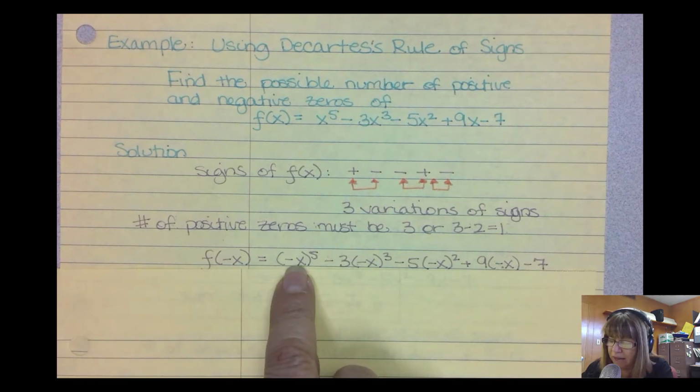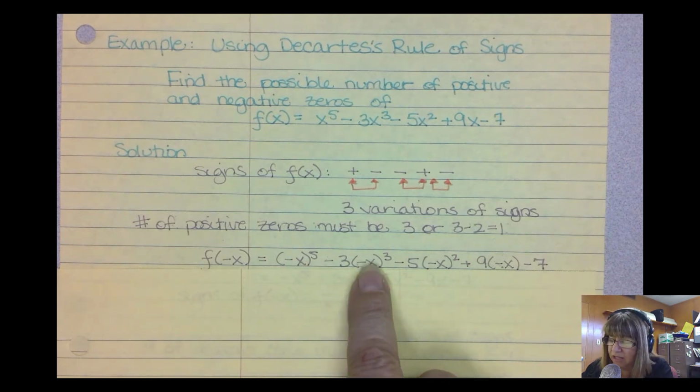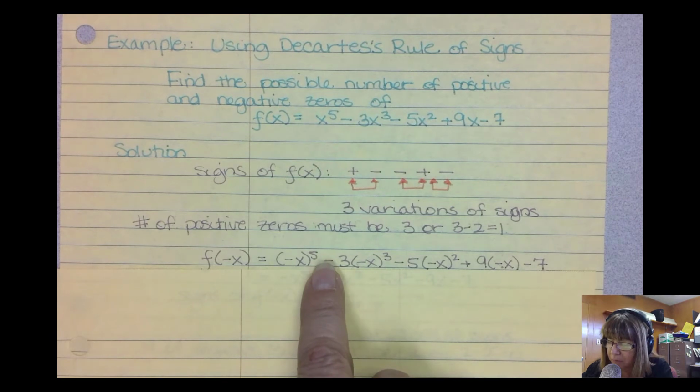Now negative x to the 5th is going to be 5 negatives multiplied to each other, so that is negative. Negative x cubed, again, that's an odd number, so that's going to come out negative. And a negative times a negative is a positive.